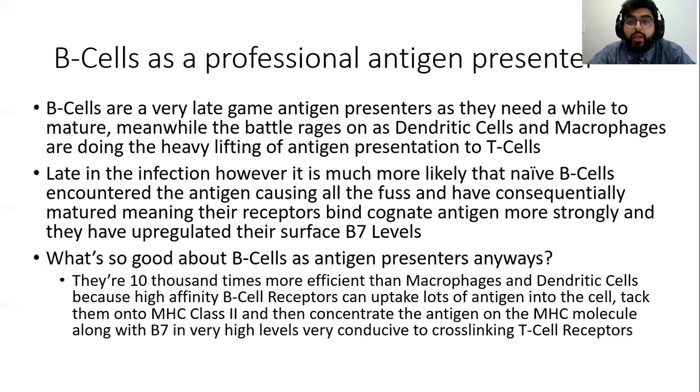But let's just say once we're late into an infection and the adaptive immune system has recognized the antigen and produced all the corresponding lymphocytes for it. Late in an infection, you have the lymphocytes kicked in, and specifically the B cells, and then they can actually join in on the fun, right? And in the context of antigen presentation, B cells can become antigen presenting cells, and they're actually more efficient than macrophage and dendritic cells because B cells have some of the most specific and strongest affinity.